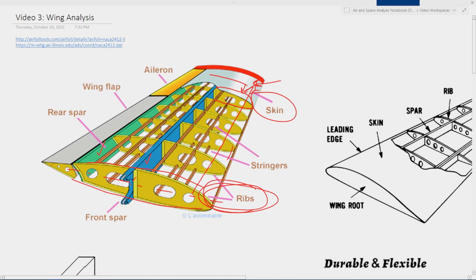Well, essentially that's what ribs on an aircraft do. The same thing. They give the skin here the shape it has. So the skin fastens all along the ribs to give it a nice stiff shape, right?